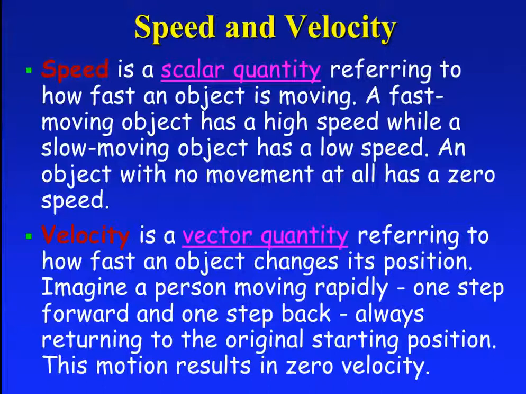Anyway, velocity is a vector, meaning it's not just how fast, but how fast in what direction. So my velocity when I'm coming to school in the morning is toward the west, and when I'm going home, it's toward the east. So direction's important.